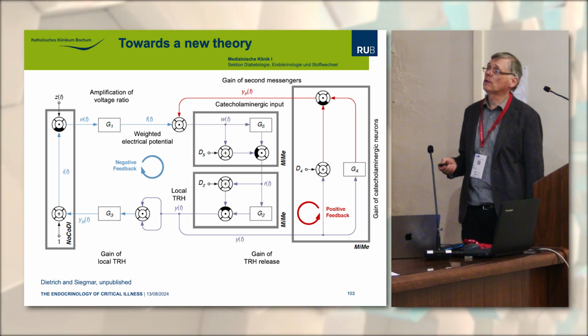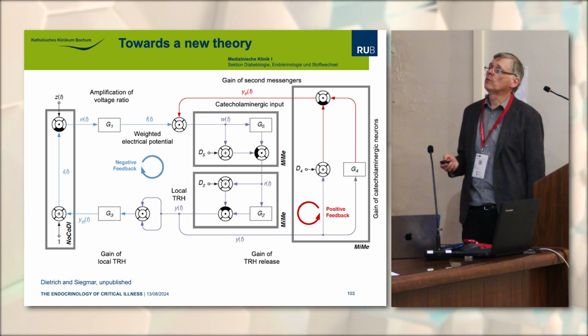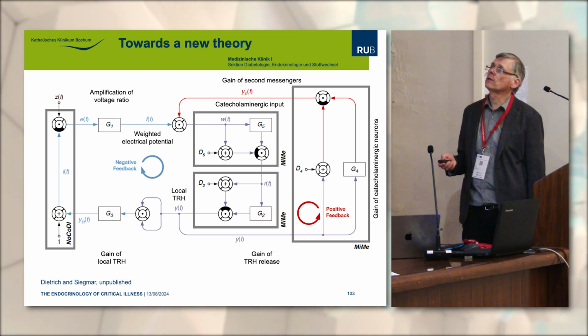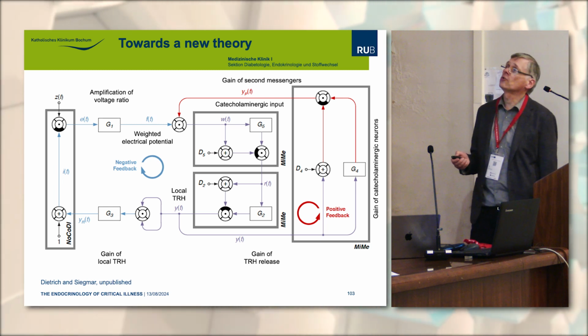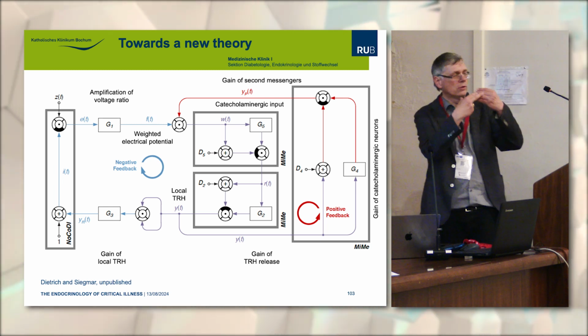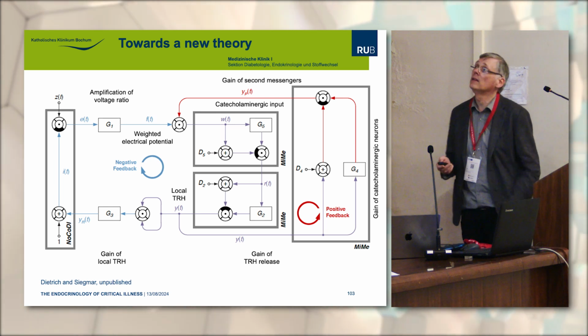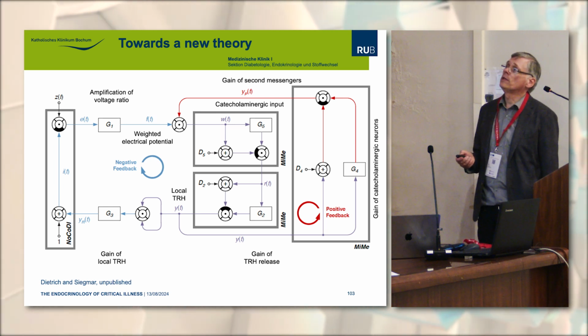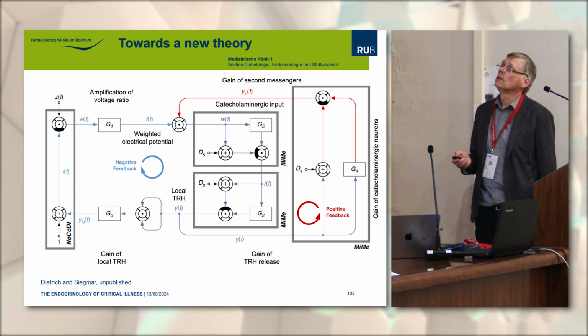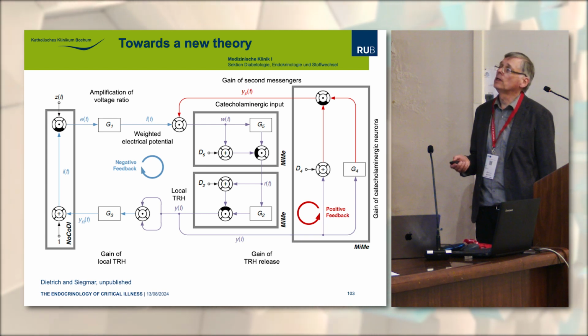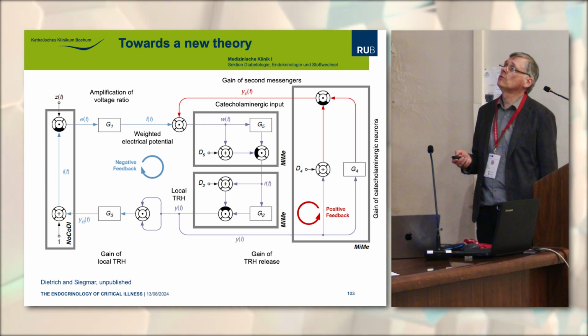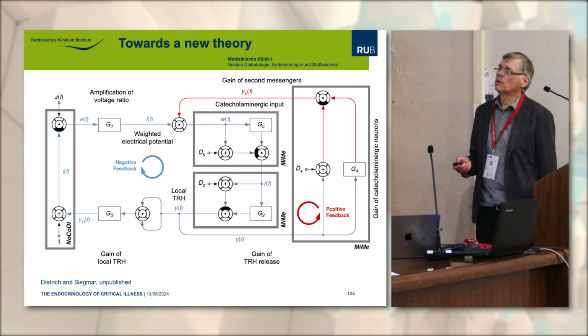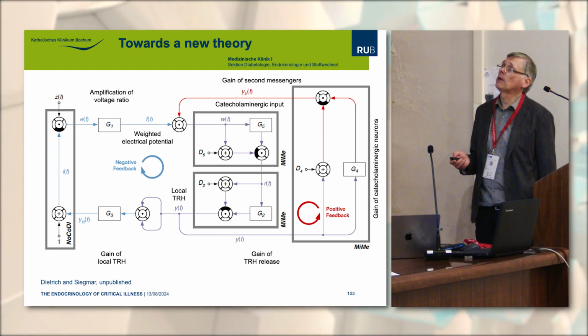So we have this processing structure, and we have here the local TRH concentration. We have here the amplification of the voltage ratio in the neuronal cells which produce TRH. Then we have here the weighted electrical potential. We have here the gain of TRH release. This is here this G2. We have here the gain of the local TRH for the feedback path.